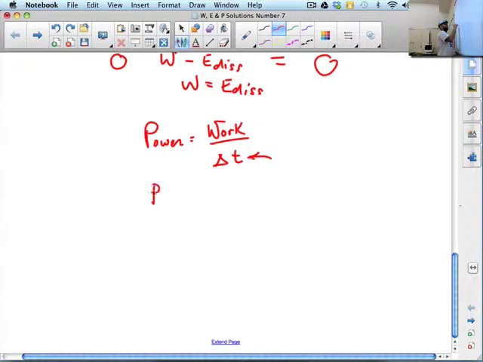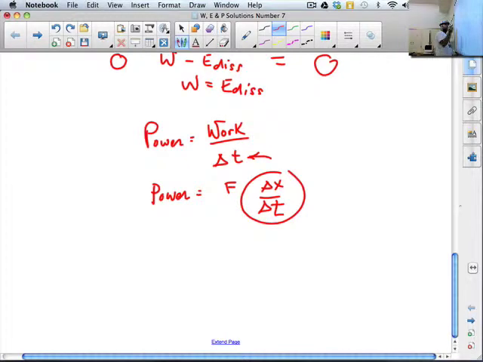So what we can do is say power is equal to F times change in position over change in time. And we can say that this as a whole is our velocity. And since our velocity in this case is average velocity or instantaneous velocity, average power and instantaneous power are going to give you the same number.